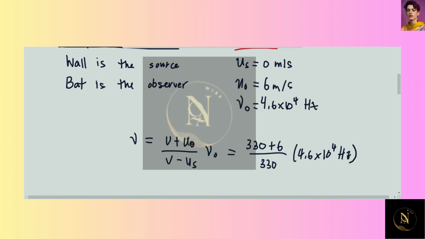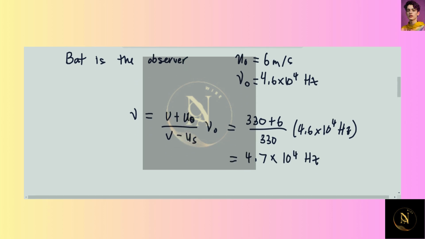So this time we have 336 divided by 330, and again, multiplying by that frequency. So 4.7 times 10 to the 4 hertz is one of the frequencies that the bat hears. So that's one of our final answers.